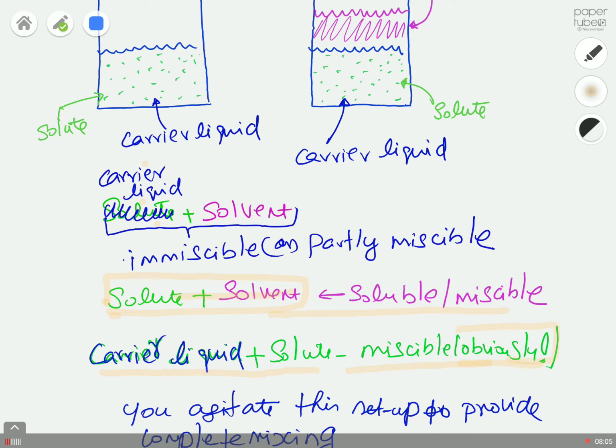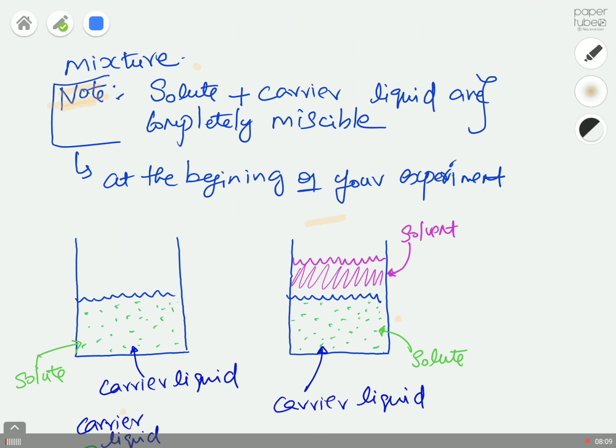So let's go back to this setup here. You have some solvent added to this, your feed mixture, so you can agitate it. Once you agitate it, you are going to mix these two solutions, which will speed up your mass transfer process.